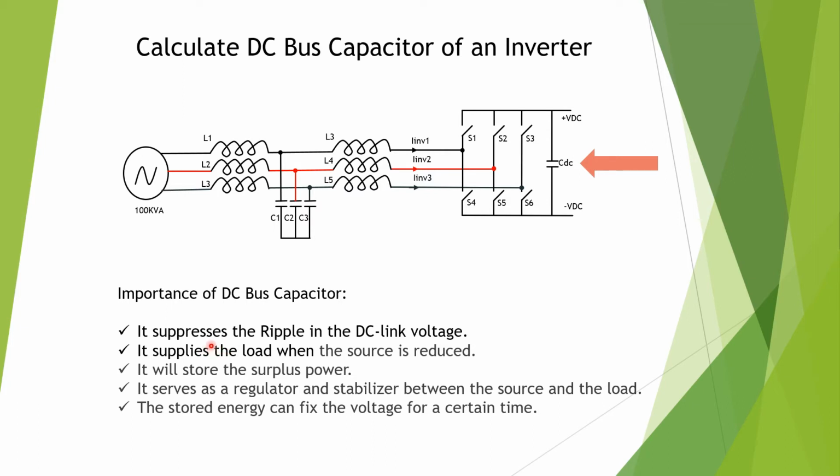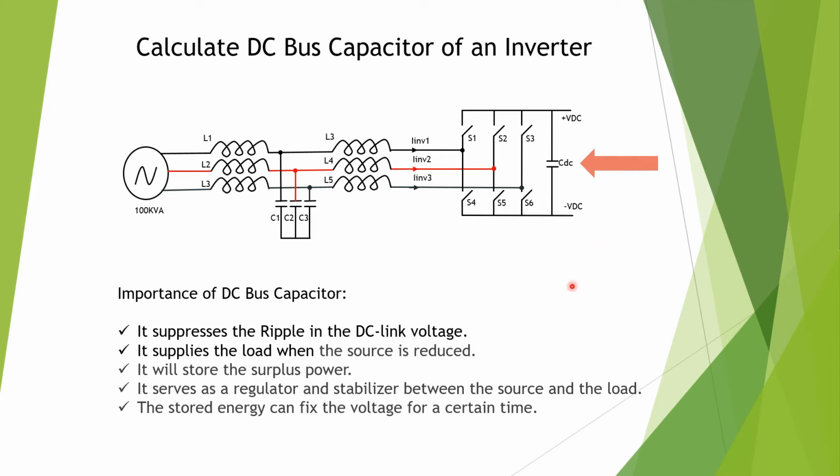When the source is reduced, it supplies the stored energy to the load. It will store the surplus power. It also acts like a regulator and stabilizer between the load and the source. The energy stored in the capacitor can hold the voltage up to a certain time.